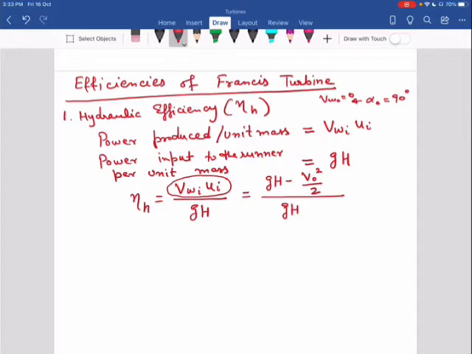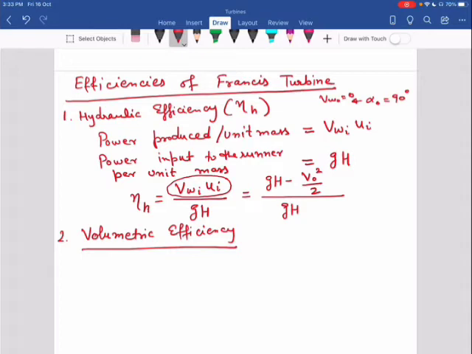The second efficiency is volumetric efficiency. So that accounts the volumetric losses or water leakage or water loss.